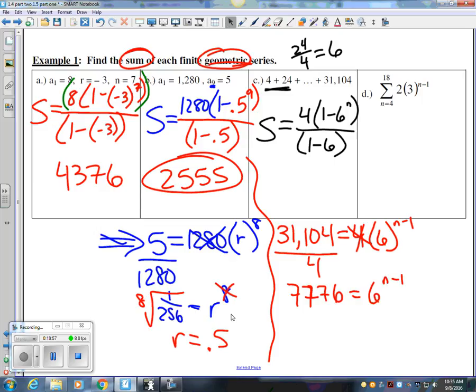Tanner, where is N? Where's N? So what do you have to do? Take the log. If n is in the exponent, you have to take the log. So I am going to skip one step here. I'm going to write log 7776 equals. I'm going to go ahead and put n minus 1 in front because I know that's the whole point of the problem.